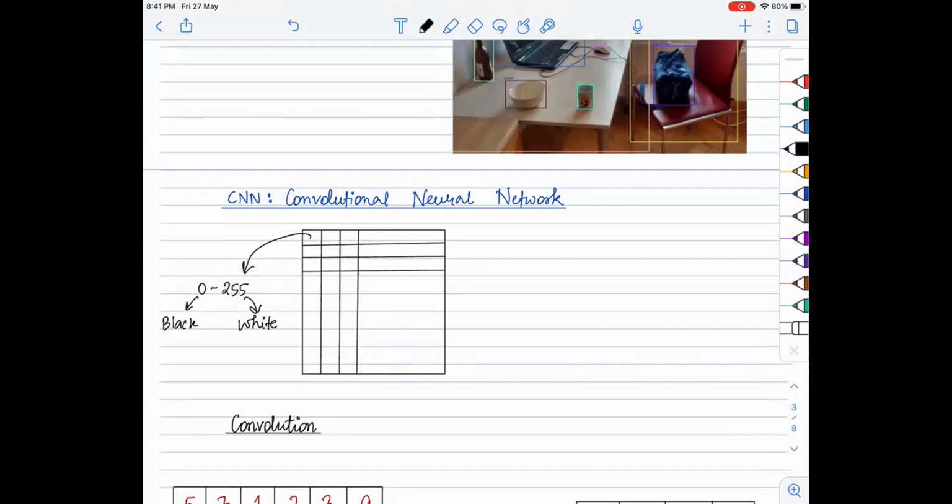So there are different shades of gray from 0 to 255, a slow transition from black to white. That's how you represent your image. Each pixel has a number. If the number is 0, the pixel would be completely black. If you have a 255 here, then this particular pixel would be completely white, and so on.